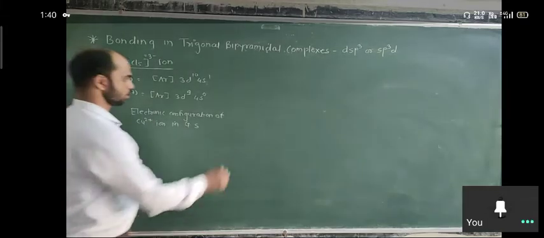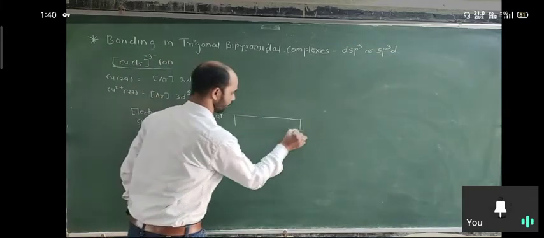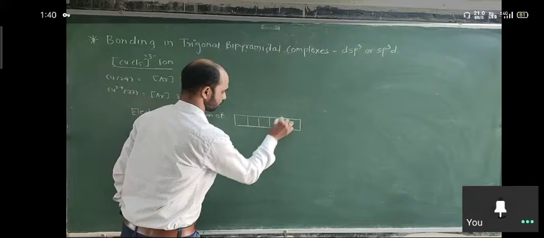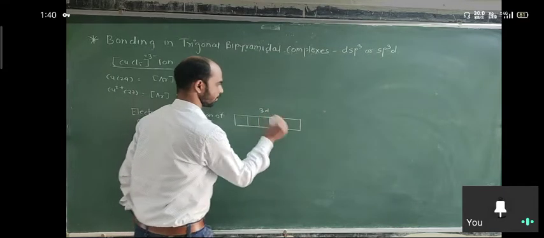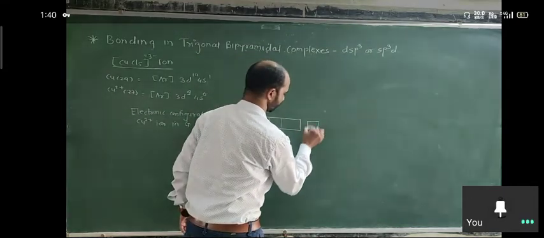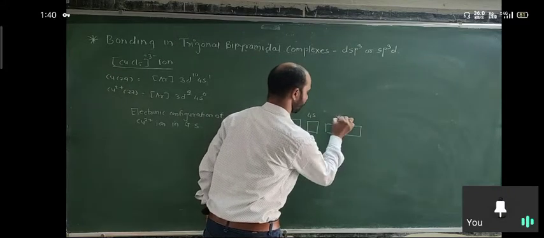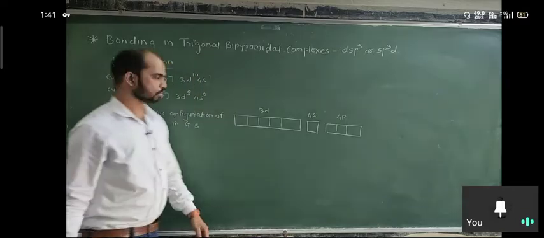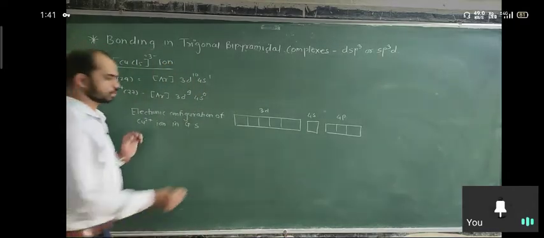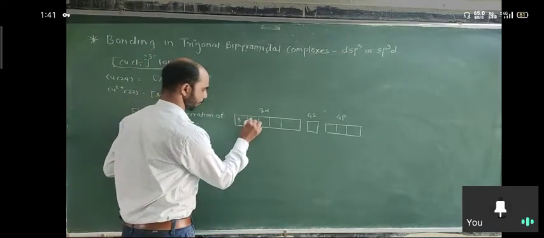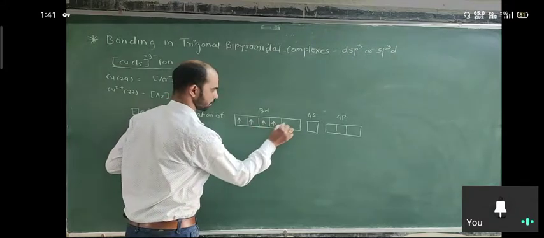Okay, so draw the 3d orbital first. So 3d is here. After that 4s, then 4p. Okay, so how many electrons in 3d? 9 electrons. So fill up 9 electrons here.